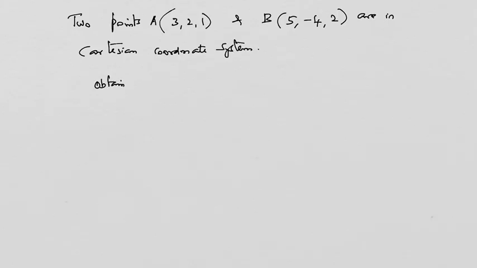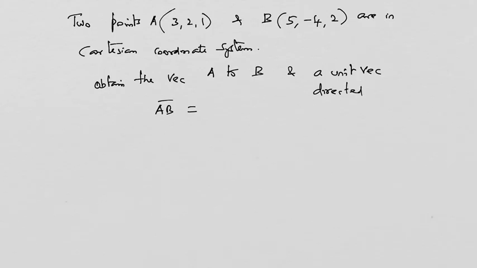Obtain the vector, for example, A to B. What is meant by A to B? AB vector, correct? The distance vector A to B, and a unit vector directed along this AB vector. Try to work it out and find the answer.